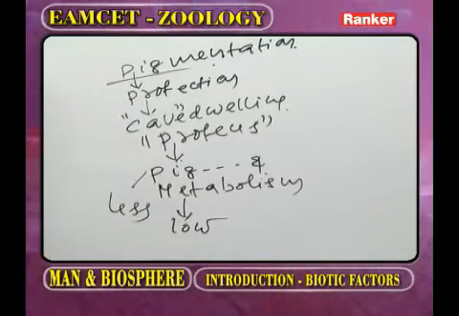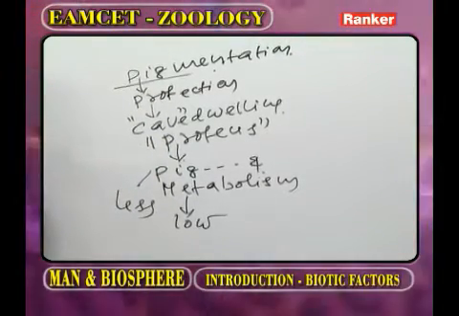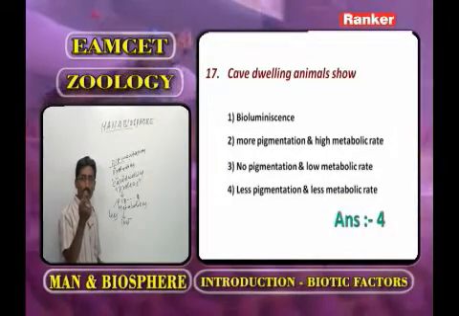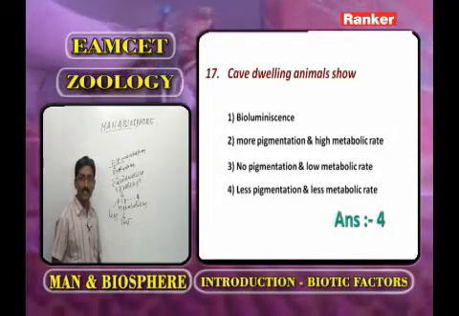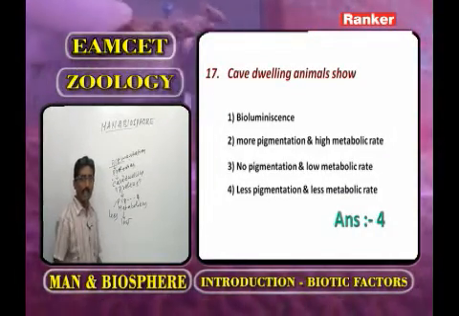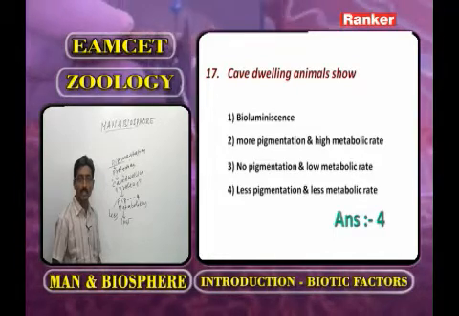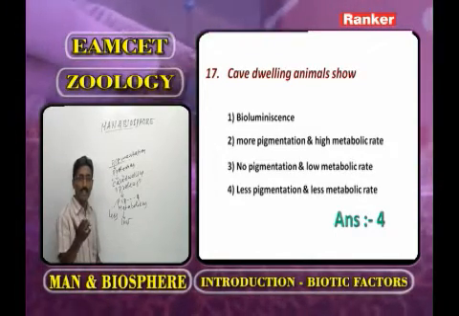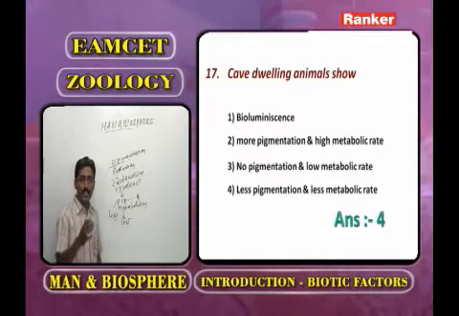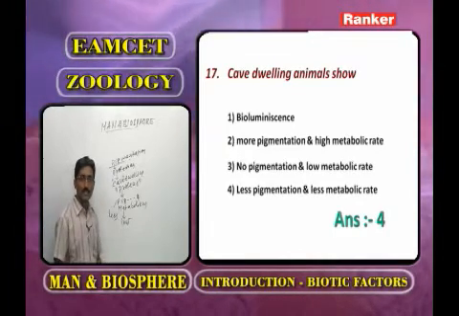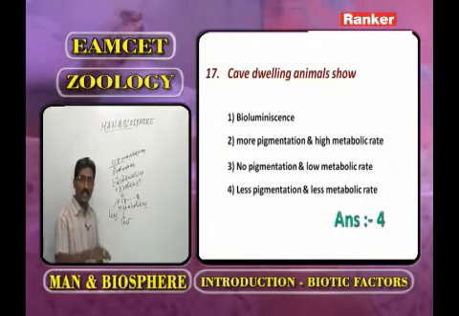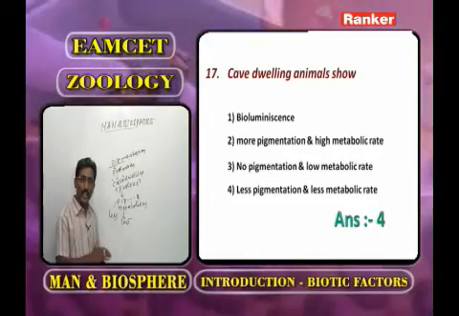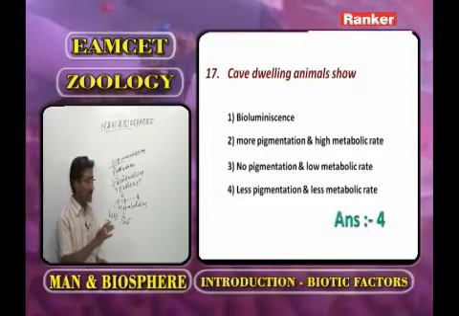Again we are repeating, as we observe the biological effects of light on living organisms. One, we discuss pigmentation. Second, the effect of light on locomotion, on vision, on metabolism, and biological rhythms, and the UV rays, and bioluminescence.